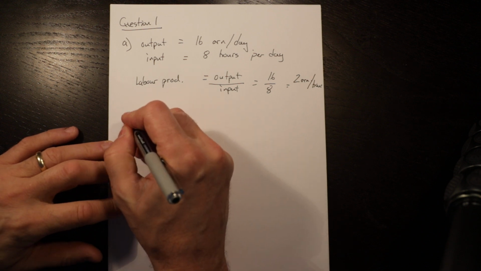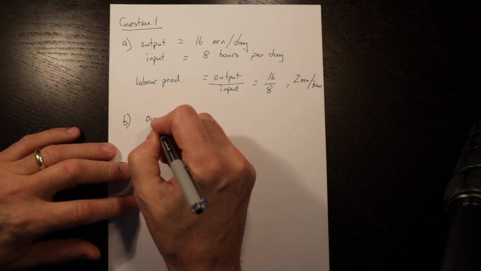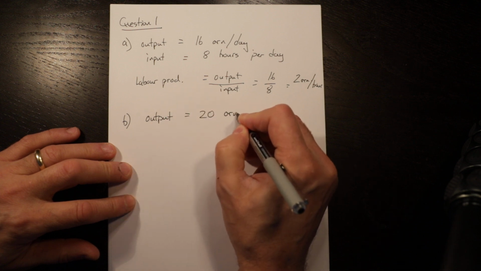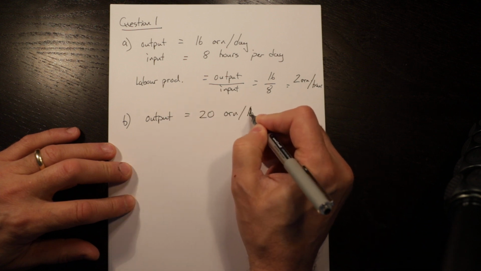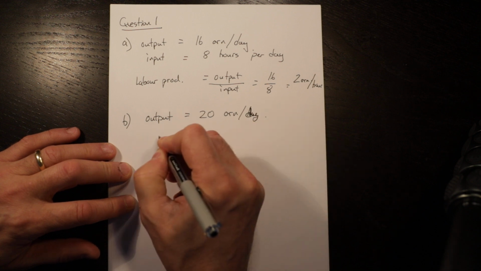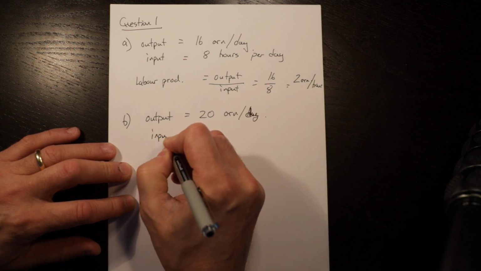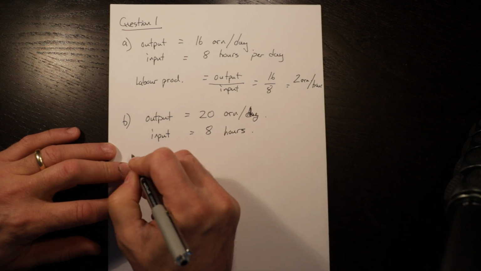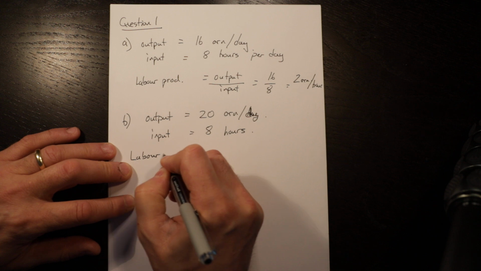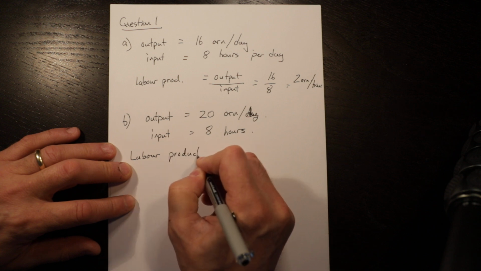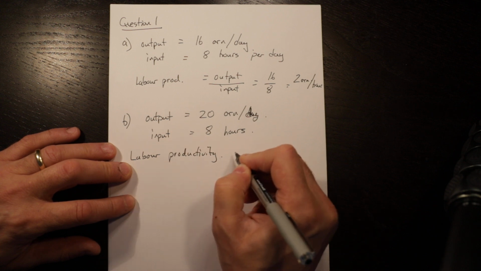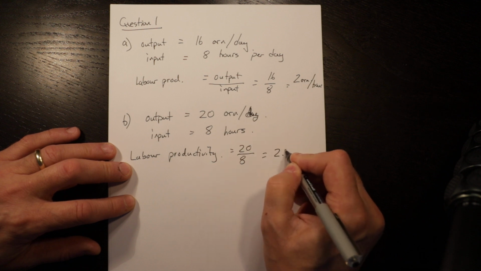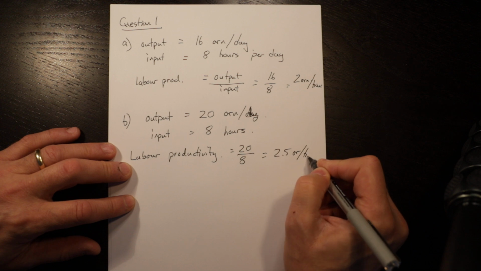So let's look at part B, where output changed to 20 ornaments per day, and input stayed the same. So her labor productivity in this circumstance is equal to 20 over 8, which is 2.5 ornaments per hour.